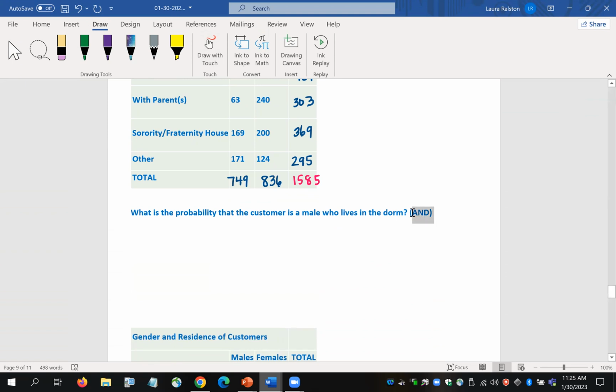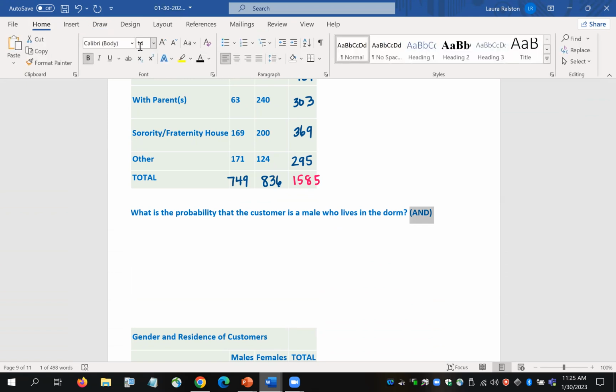Okay, this is kind of a special case. It's not really a special case, but you have 2 conditions here. This is like an and statement because it's asking what's the probability that the customer is male and lives in the dorm. So I have to make sure that I count just the ones who are male and live in the dorm.